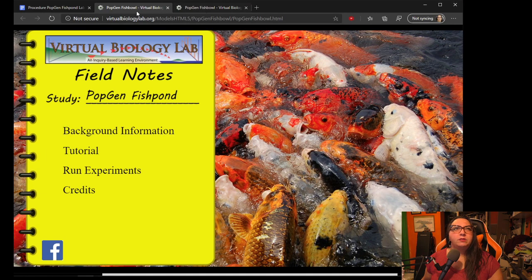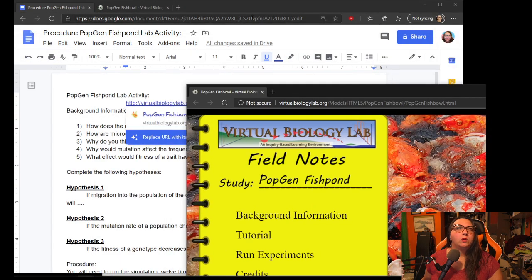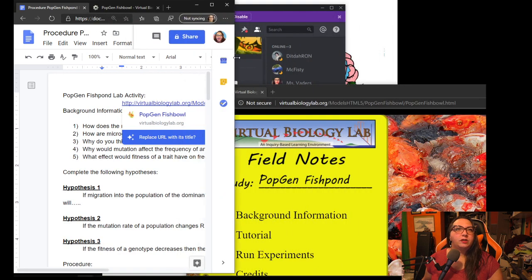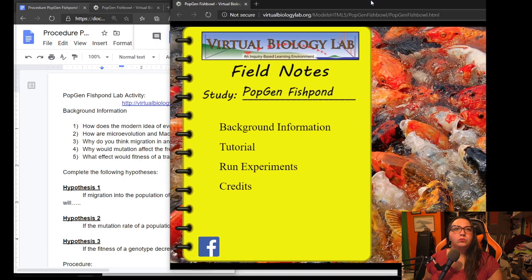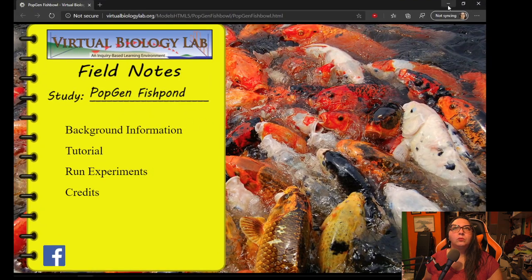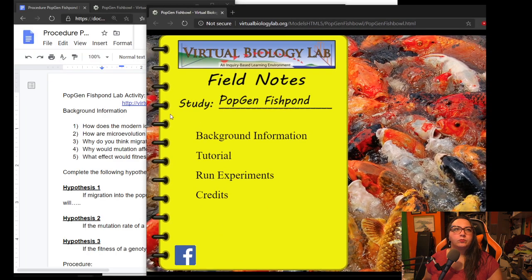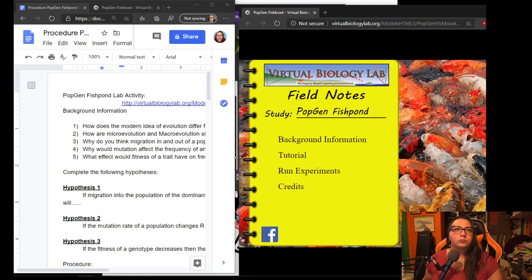I want to get these to both fit onto the screen. So we're going to resize this stuff a little bit. Not what I wanted. There we go.